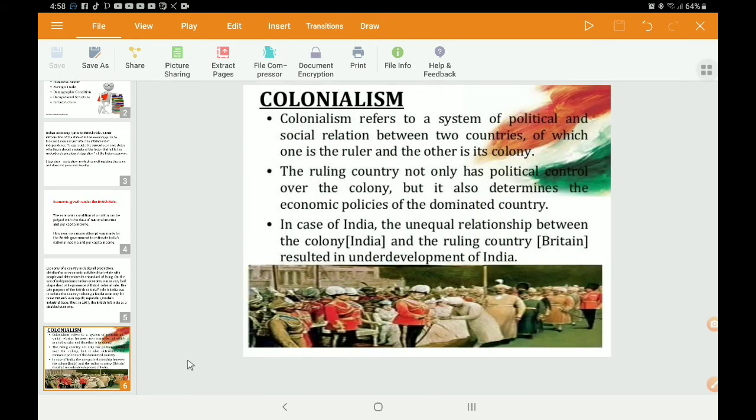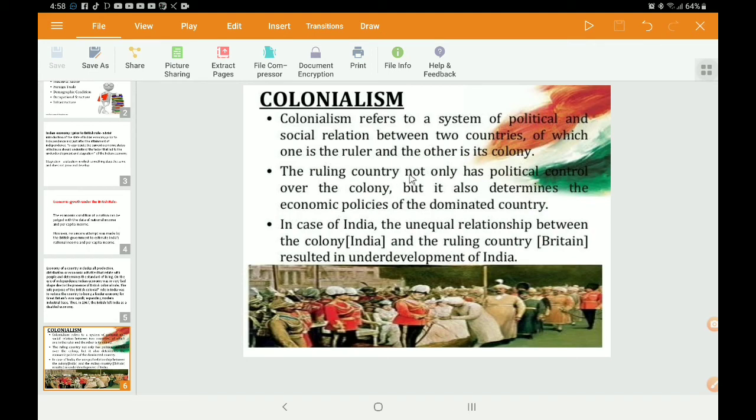Next is colonialism. What is colonialism? It refers to a system of political and social relation between two countries of which one is the ruler and the other is its colony.